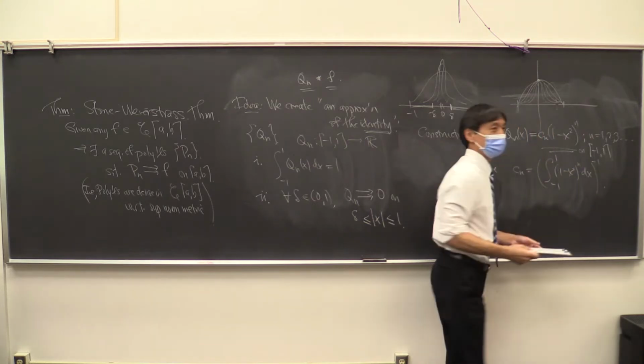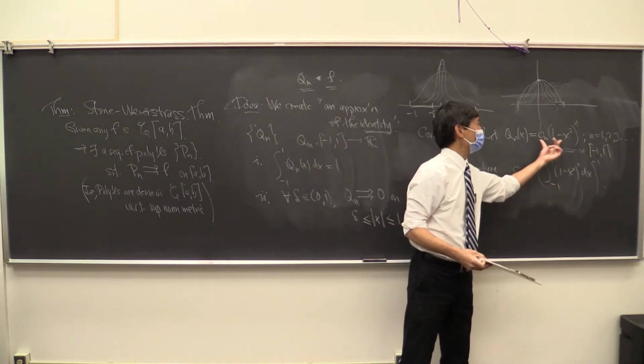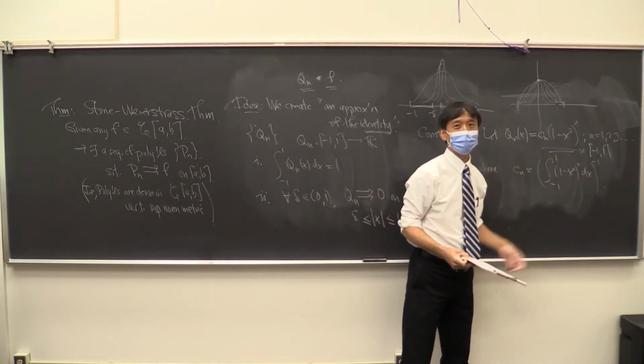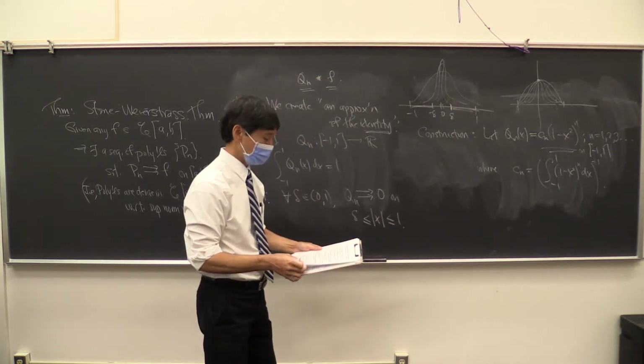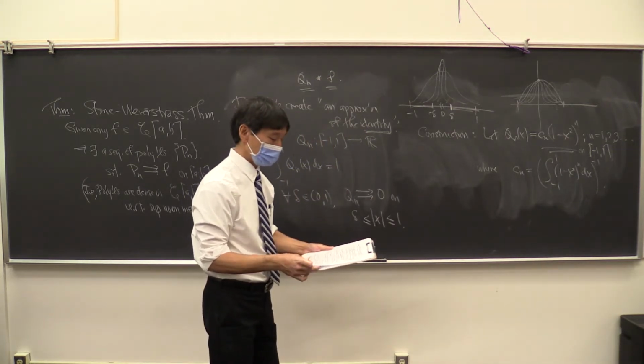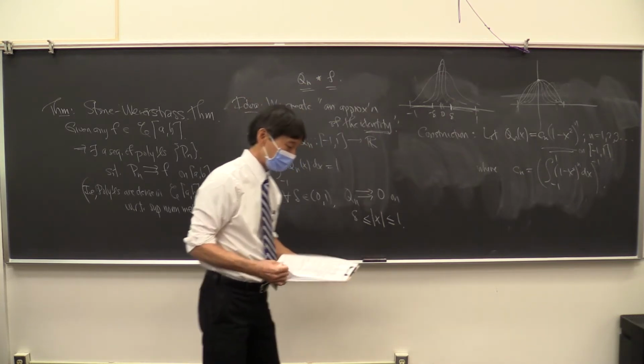It's chosen so that the integral of this thing is 1. So those are our approximations of identities.